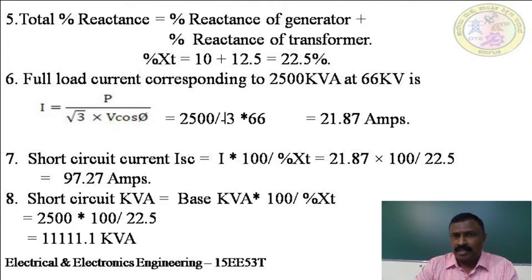Hence, the total reactance is equal to the percentage reactance of the generator plus the percentage reactance of the transformer. This is equal to 10 plus 12.5, which gives 22.5%. We call this 22.5% the total reactance or the resultant reactance.